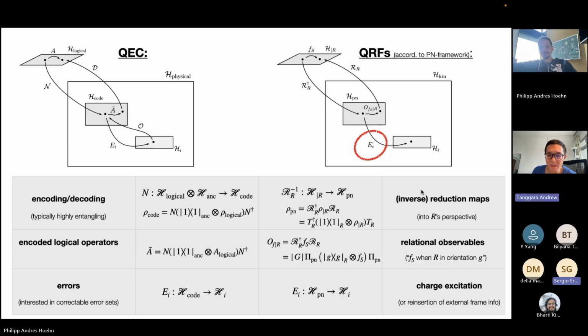What notion of complexity do you mean? Sorry, Andrew. I'm just thinking, because Philip mentioned that you can change between different encoding and decoding maps, which are sort of equivalent, but map to different logicals.